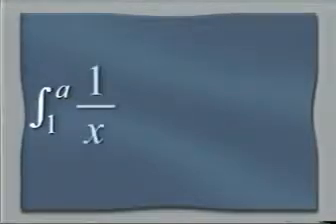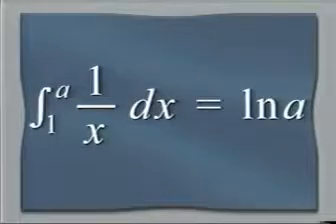The definite integral is used to define the natural logarithm. I mentioned the natural logarithm. We talked about logarithms. This is the logarithm using the base e, the number that Euler said was the natural base. And the way we do this is we simply take the integral from 1 to a, being the number for which you want the natural log, of 1 over x dx, because the integral of 1 over x dx is the natural log.